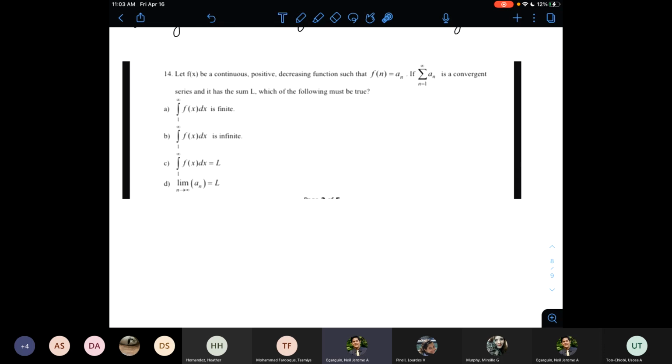All right, so there are probably a couple or 3 students asking me this problem during my tutorials. Here f is a continuous, positive, and decreasing function, so it fits the category for the integral test, right?